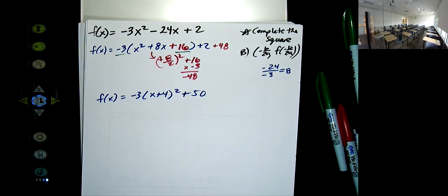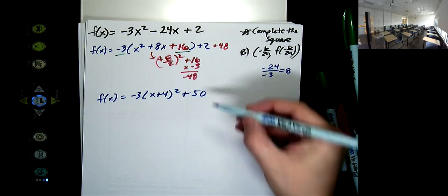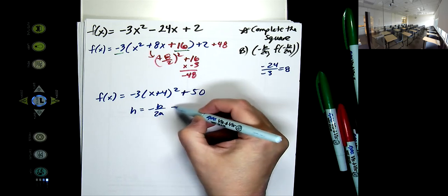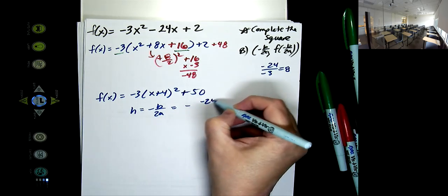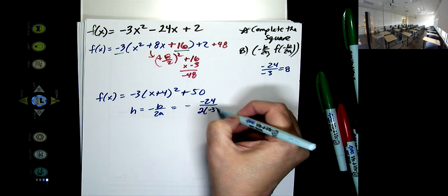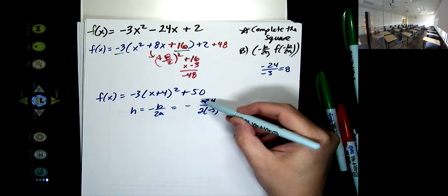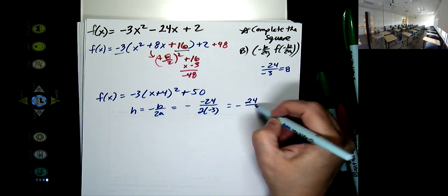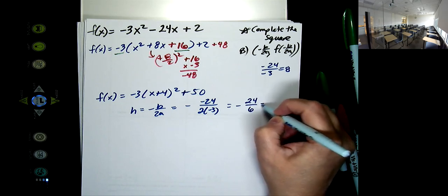I bet you knew that you got it wrong because you did h equals -b over 2a. I got negative, negative, negative, I got 3 negatives there. And I got 24 over 6, which is -4.